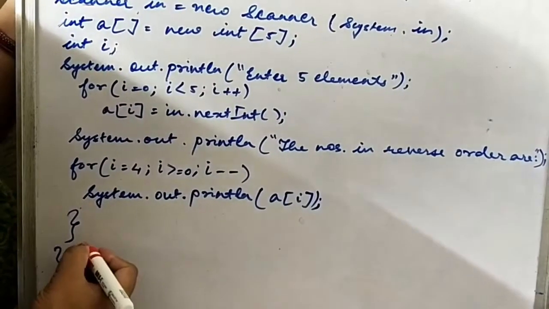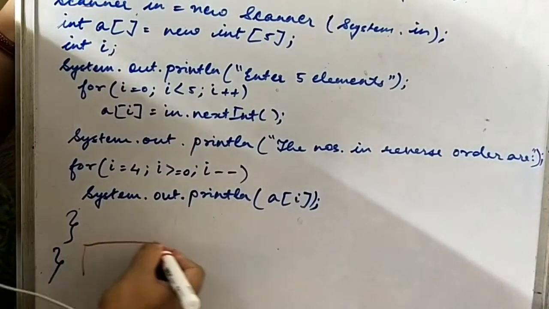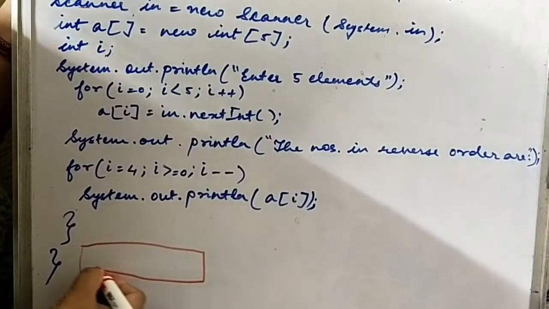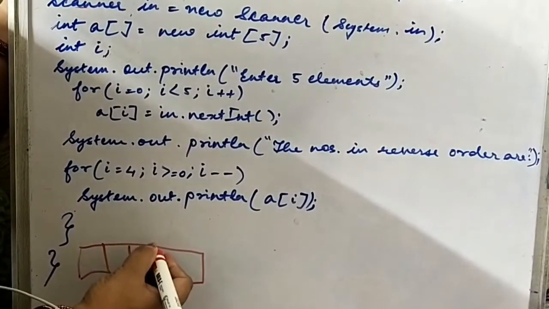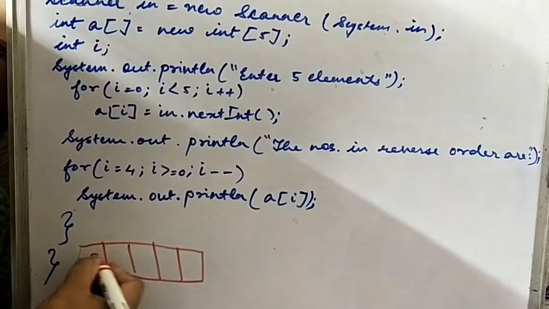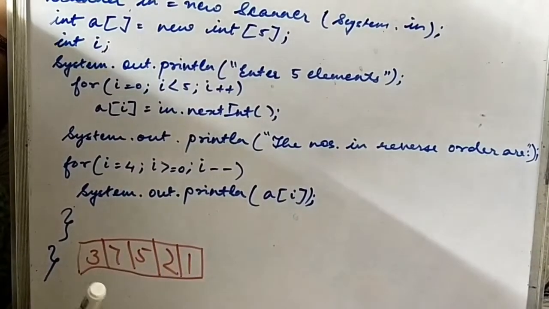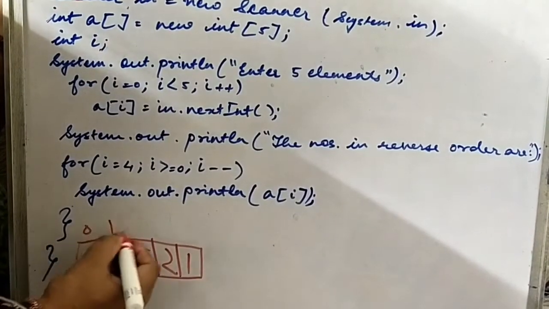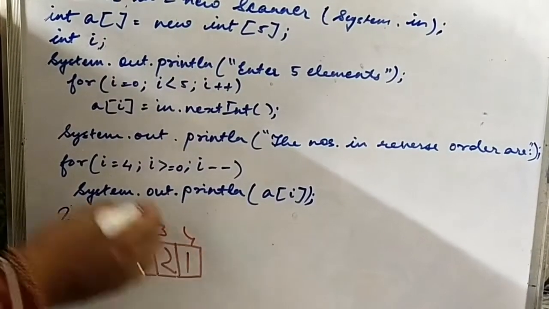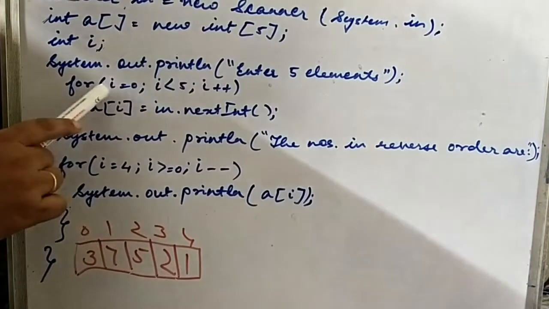Assume that I have entered the numbers in the array, maybe 3, 7, 5, 2 and 1. Then the index numbers are 0, 1, 2, 3, 4. The way I have entered, it will go to a[0].